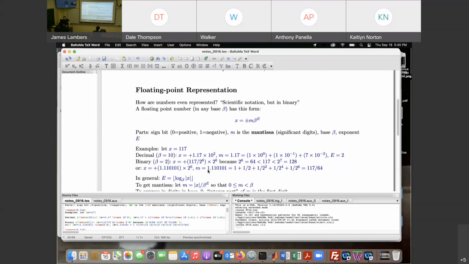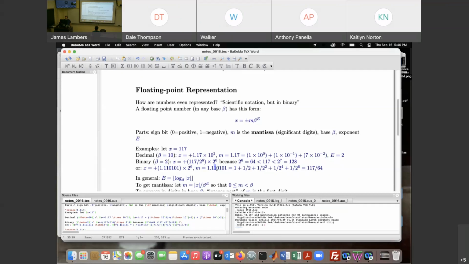And then this mantissa here consists of all the significant digits of 117 in binary. So what we have here is a combination of non-positive powers of 2. So the first digit to the right of what we'd call a binary point in this case corresponds to 1 over 2 to the first.